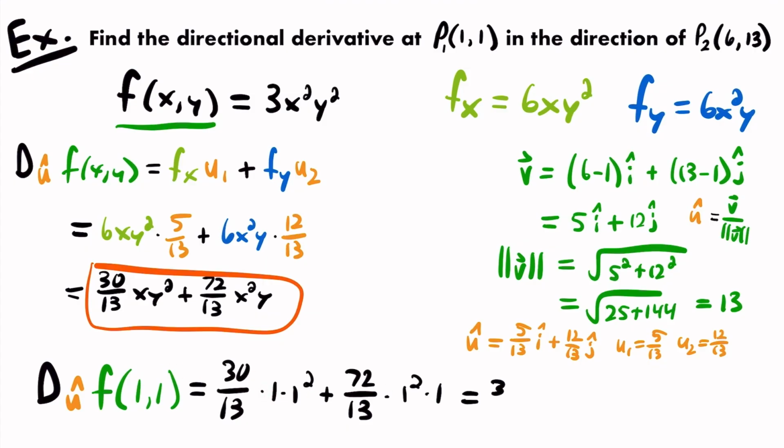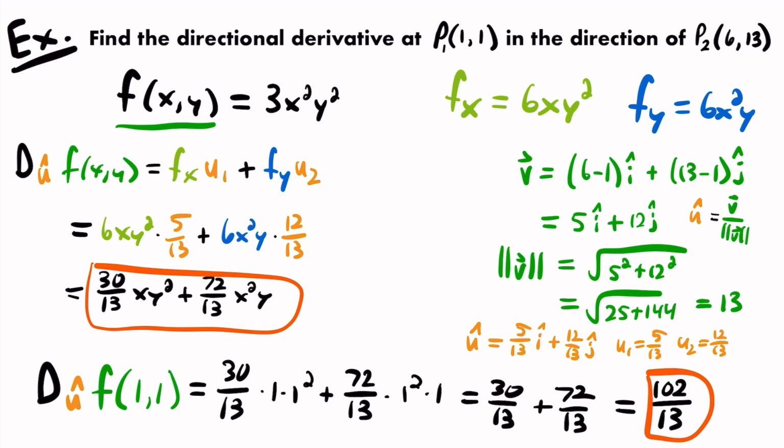We will just get 30/13 plus 72/13, which will be 102/13. All right, that would be the slope or the directional derivative at point P1 with coordinates of 1, 1 on this surface in the direction of this unit vector, or really in the direction from this point to this point.